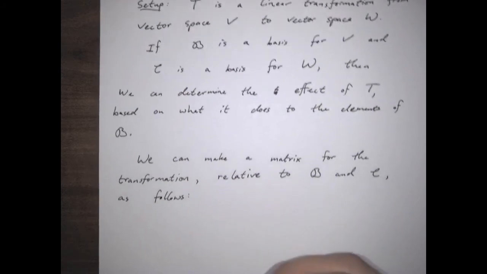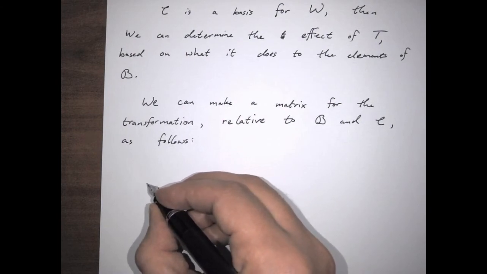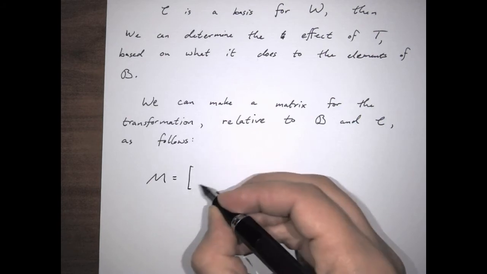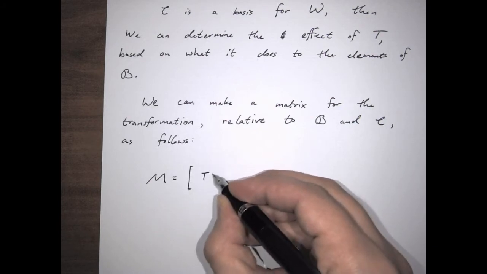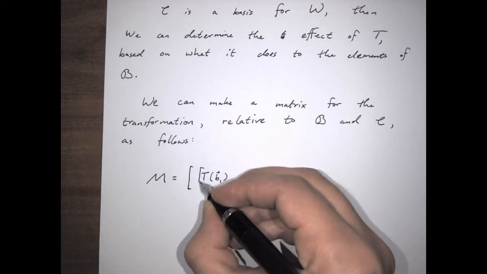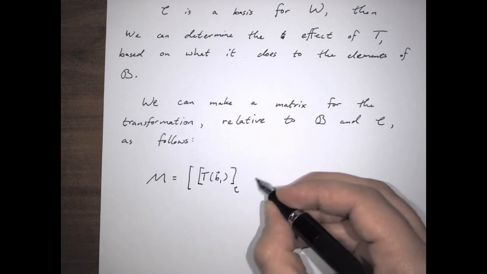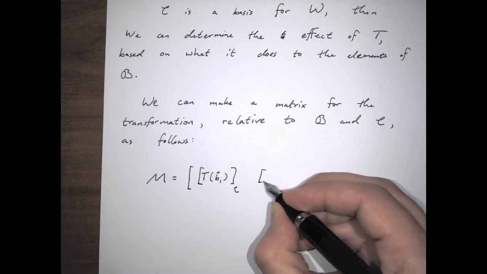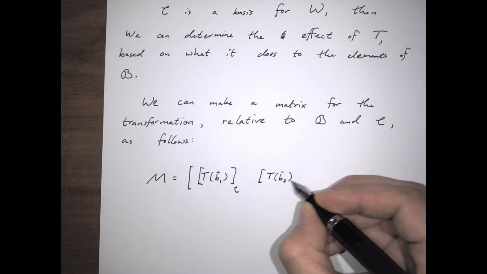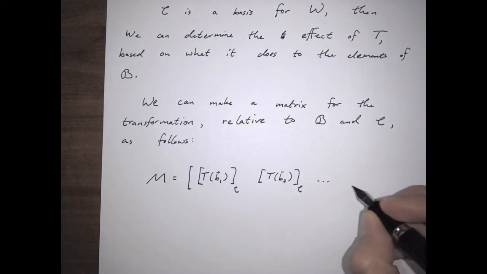So this is called the matrix for T relative to B and C, and we'll use M for matrix. So M is equal to T of B1, and it's going to be the representation of that relative to C. Then we're going to have T of B2, representation of that relative to C. Dot dot dot until we get to the last one.